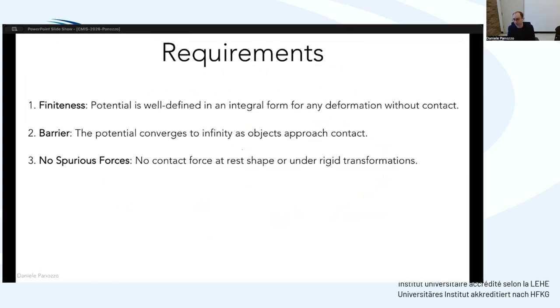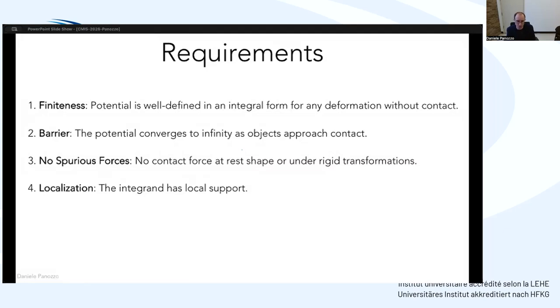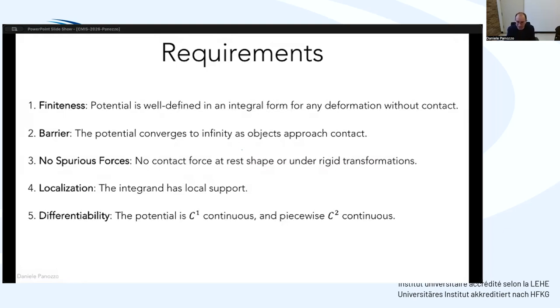Ideally, it should be local. This is not strictly needed for the theory, but it's absolutely needed in practice because otherwise it becomes impractical to use for any large-scale simulation. And finally, we want this potential to be at least C1, ideally piecewise C2, so that we can use Newton to optimize it.